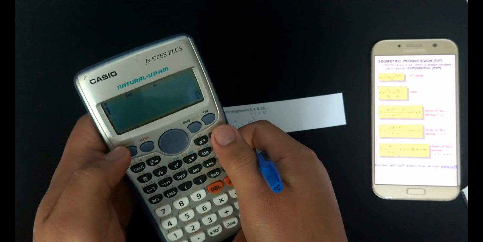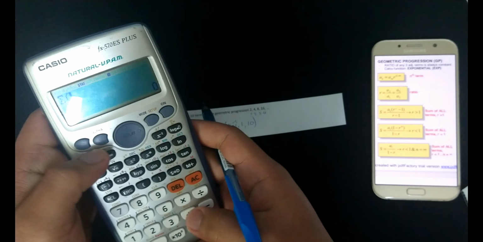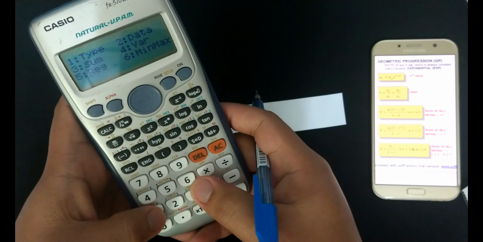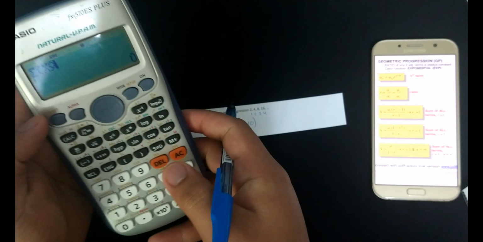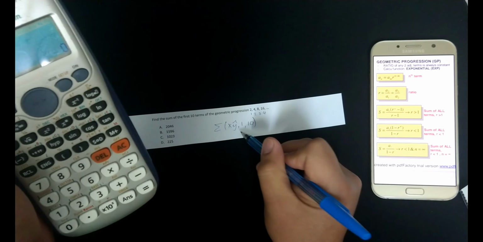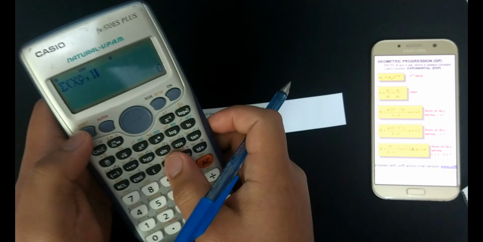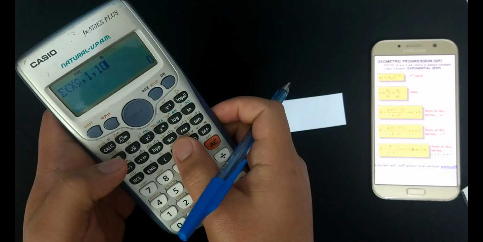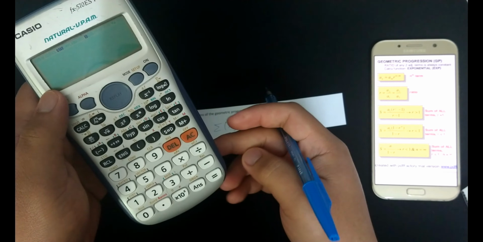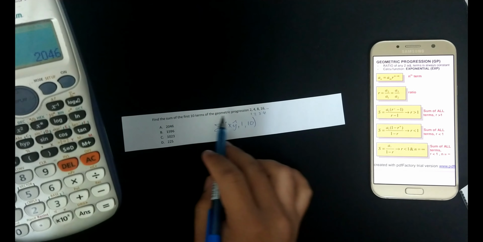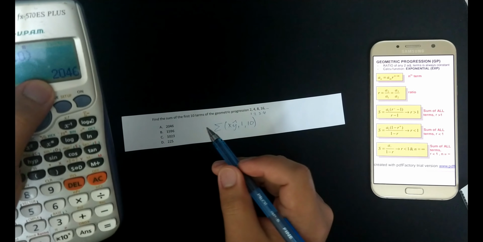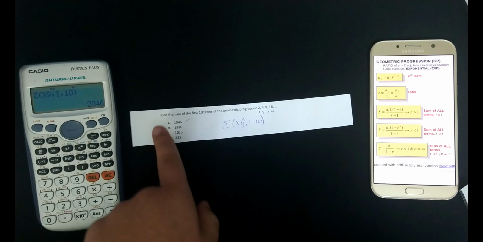Shift log, alpha x, shift 1, 5, 5 for the y coordinate, then shift close parentheses for the comma, from 1, shift parentheses, then 10, then close parentheses, then equal sign. So the summation of the first 10 terms of the geometric progression will be 2046. Letter A is the answer.